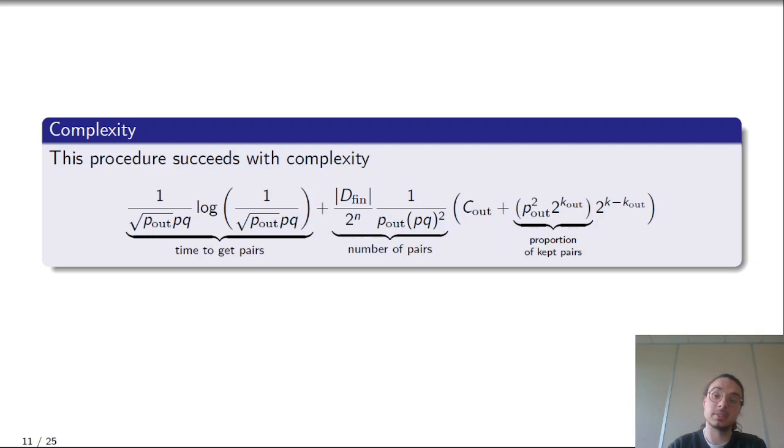Then for getting k_out, we have the number of pairs multiplied by the cost of getting k_out for each of those pairs. Then we have the guessing part with the guessing of the rest of the key and the number of the pairs that we kept.